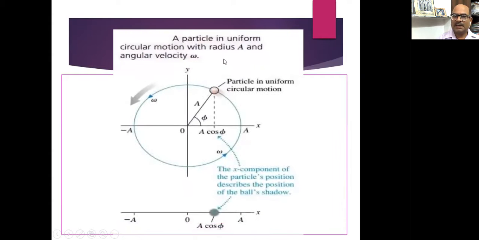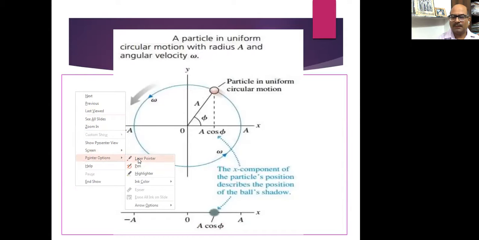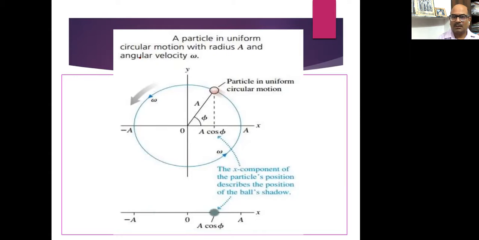So the particle is in uniform circular motion with radius a and angular velocity omega. If it is moving like this, then a cos phi is easily seen as a projection over here.